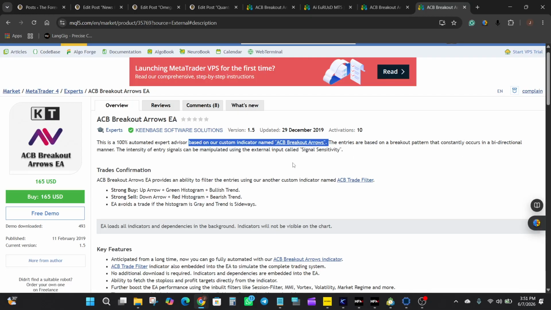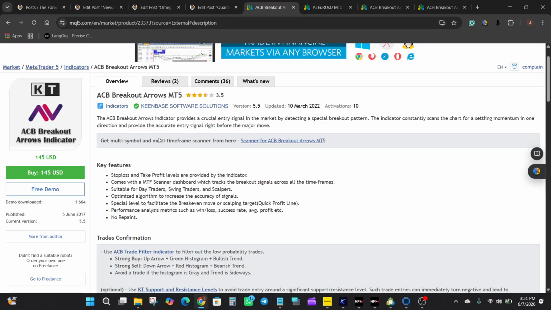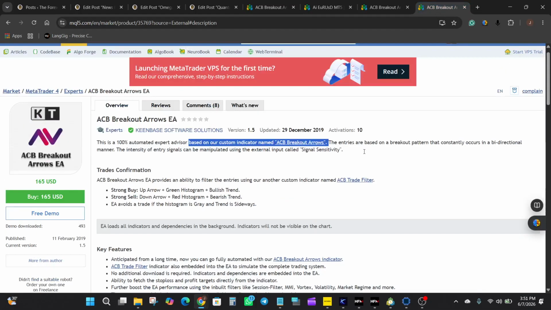Having talked about the indicator, you should already know how the expert advisor would function, because the expert advisor functions based on the ACB breakout arrows indicator, and the expert advisor is for sale on MetaTrader for 165 US dollars. That is the MT4 expert advisor, currently priced at 165 US dollars. But the indicator here on MT5 is 145 US dollars.